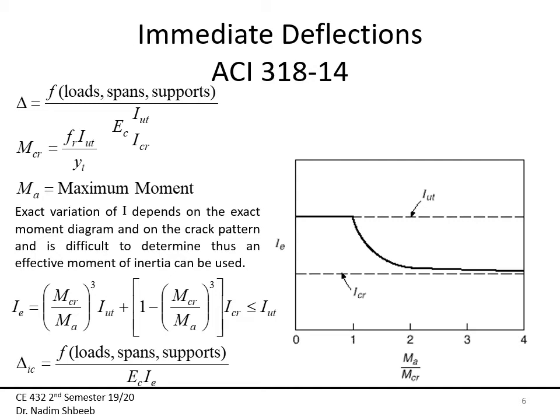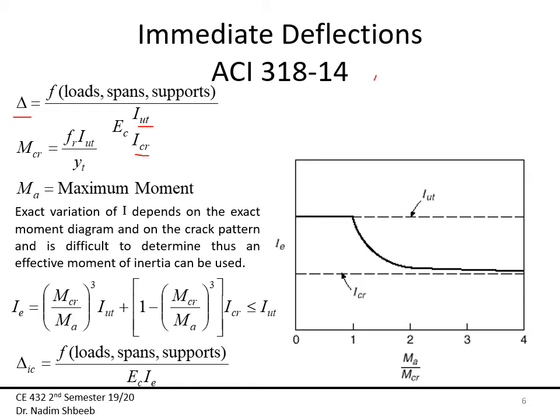So how do we calculate the deflection? If you remember, the deflection usually is a function of load, span, supports, and then that's divided by EC and here I. Either I is the uncracked transformed, or it's the cracked.